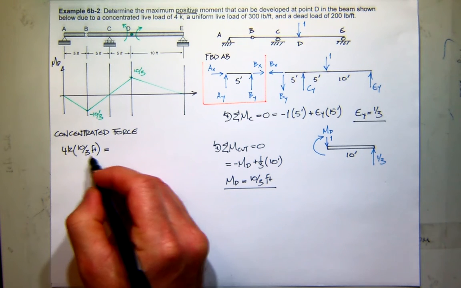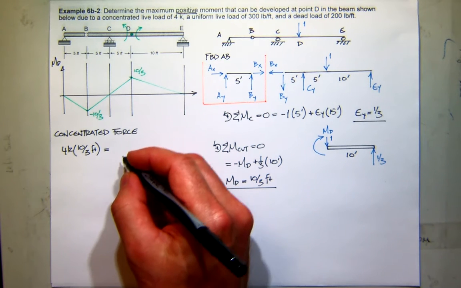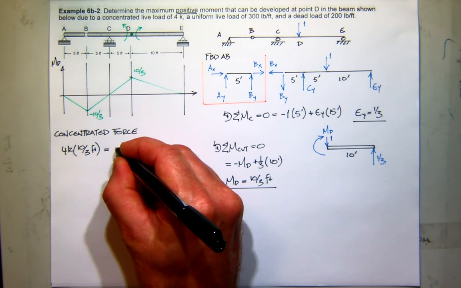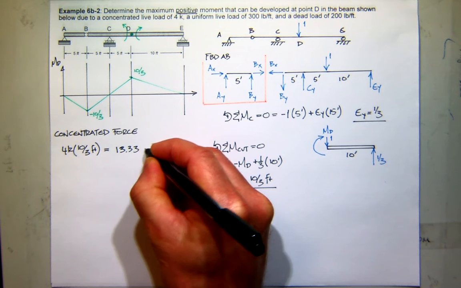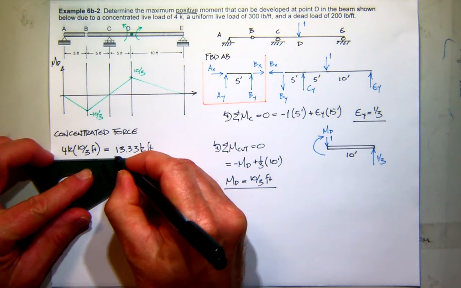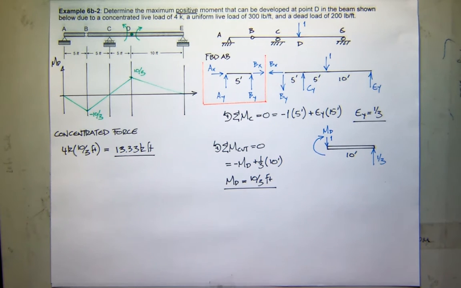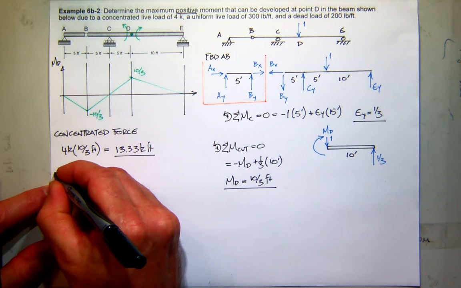So it looks like I get 40/3, which is 13.33. Is that right? Yeah, that's right, isn't it? 13.33, and that will be in kip feet. So that's the contribution from the concentrated force.